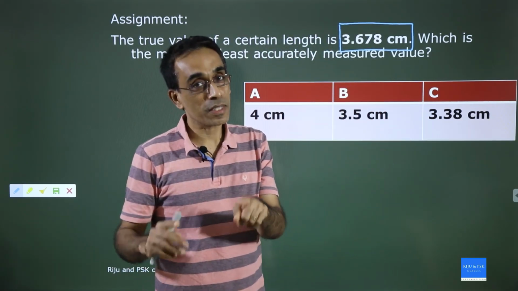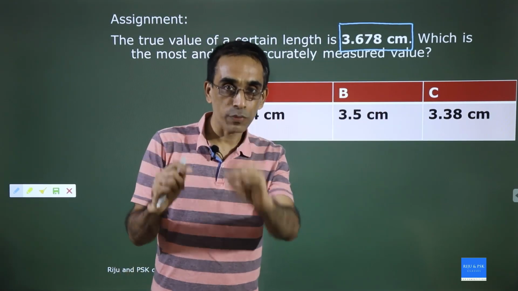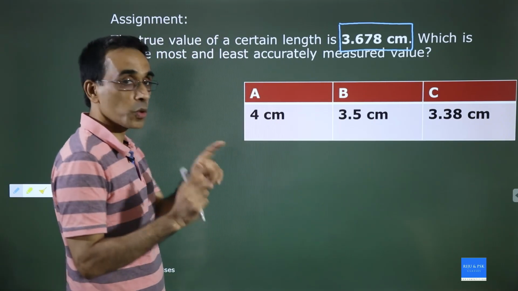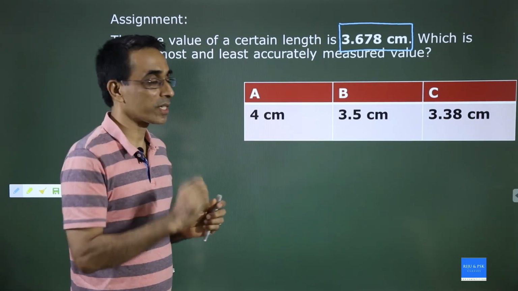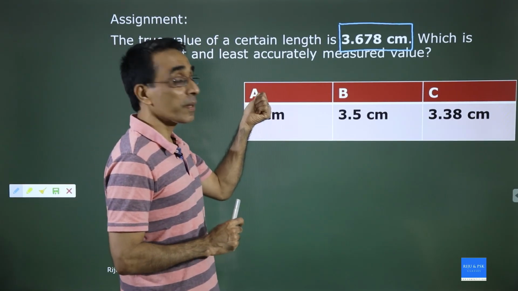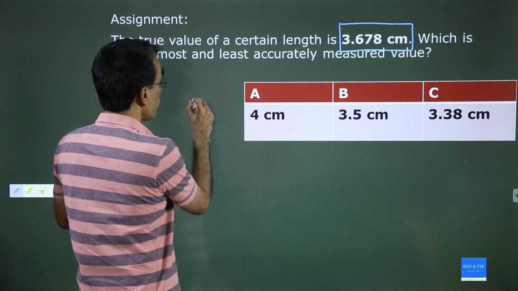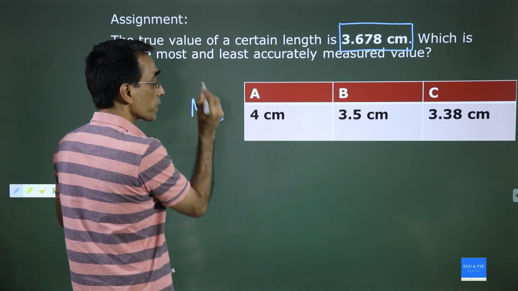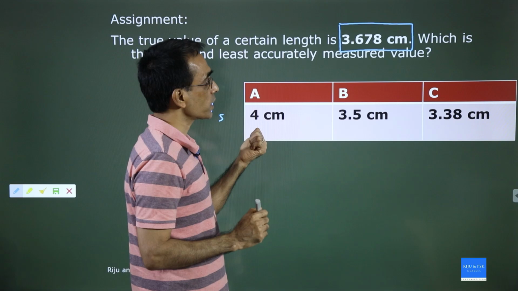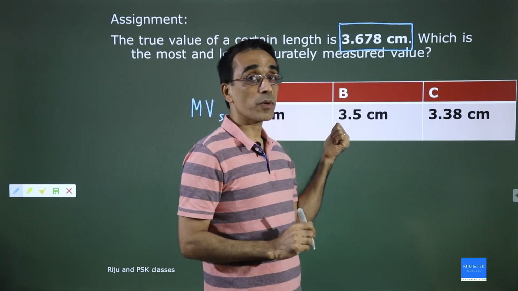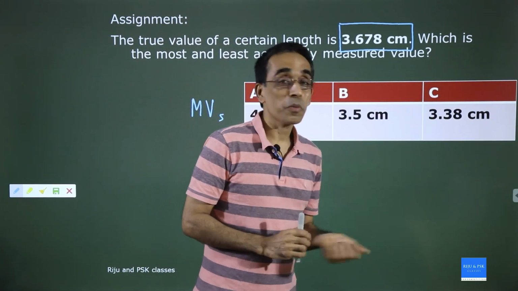Watch my video again, the previous part. Refer to your note, work out. I told you a simple technique. These are measured values, MVs. The first measurement is 4 centimeter, the second is 3.5 centimeter, the third is 3.38 centimeter.